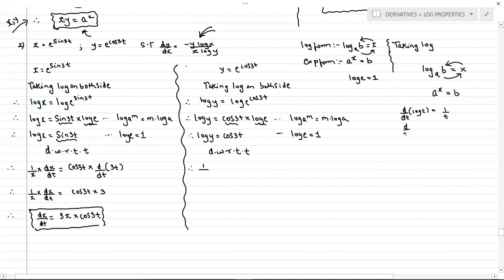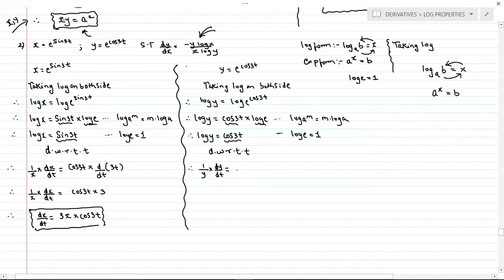But for log y, it will be 1 upon y, and here t is replaced by some other term, so we have to find the derivative of that part also. Yes or no? So log y derivative will be 1 upon y into dy by dt.